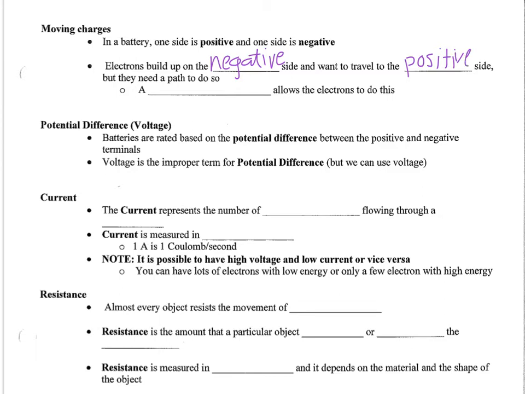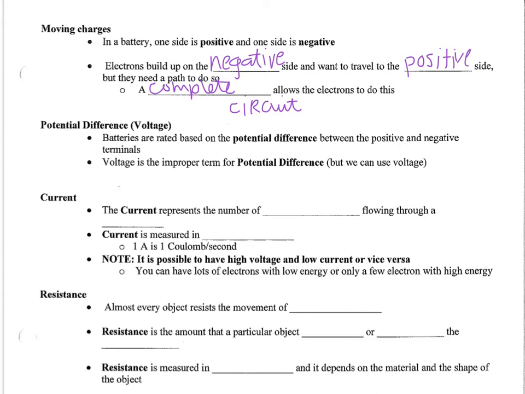But they need a path to do so. A complete circuit allows this to happen. So all a circuit is, is a path for electrons to travel, and they want to go from the negative, where they're all hanging out, to the positive, because they're attracted to positive.